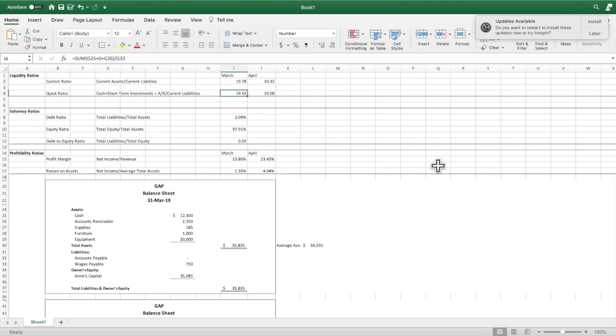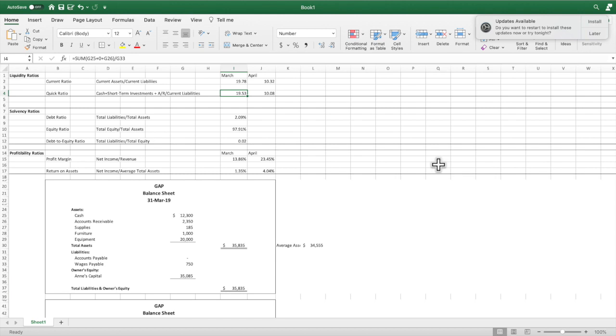So now we're going to do the quick ratio, which is cash plus short-term investment plus accounts receivable. Alright, so what we're going to do here, since they don't have any investments, Greater Athletic Performance did not have any investments, what we're going to do is we're going to just put 0 for the investments and add accounts receivable. All right?